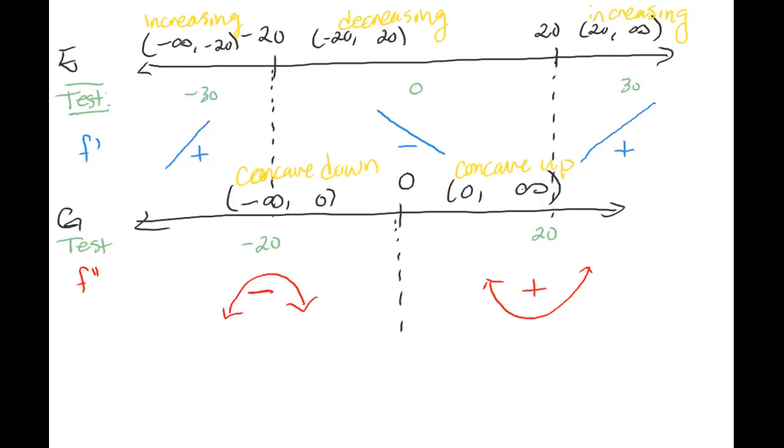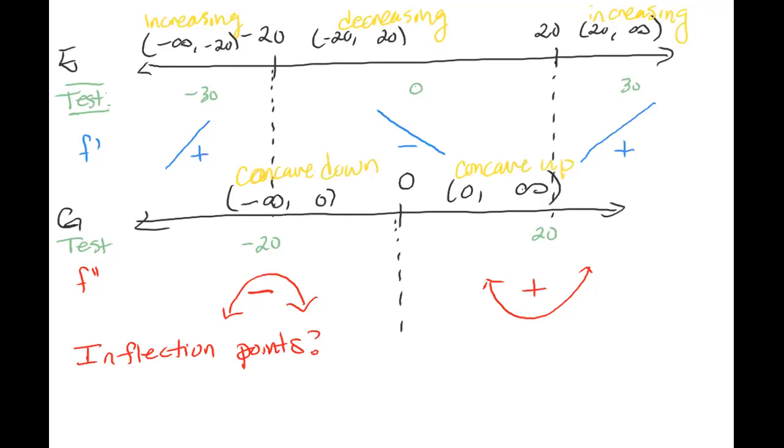Are there any inflection points? Inflection points are where the sign of the second derivative changes, or where the graph changes concavity.